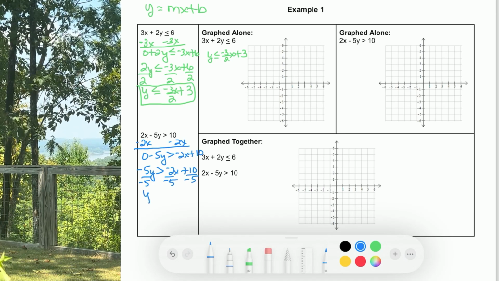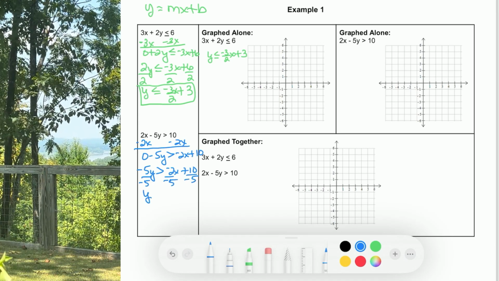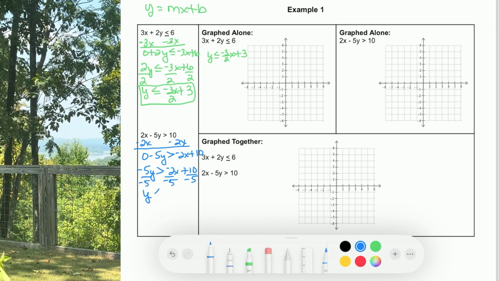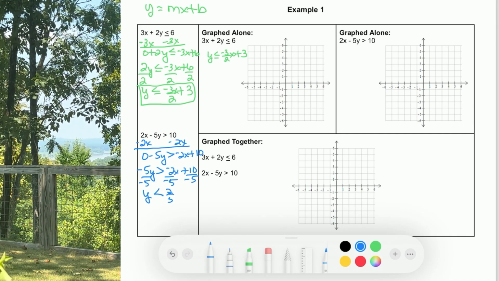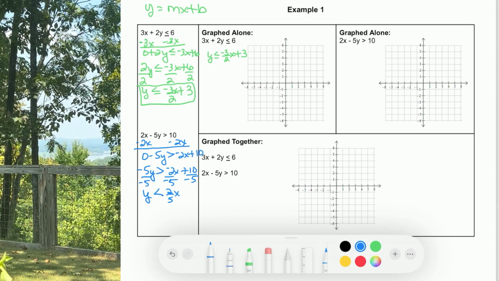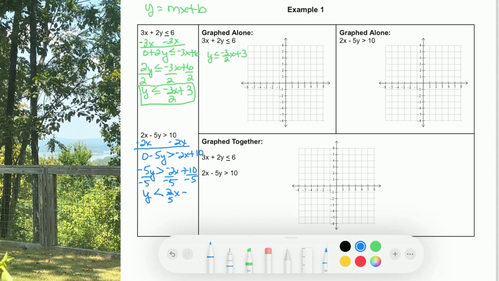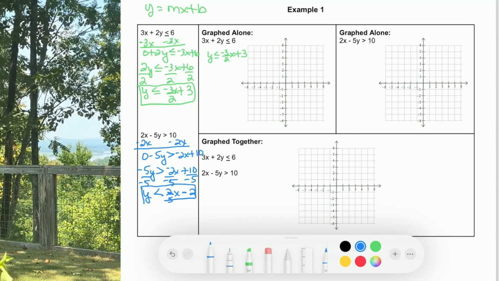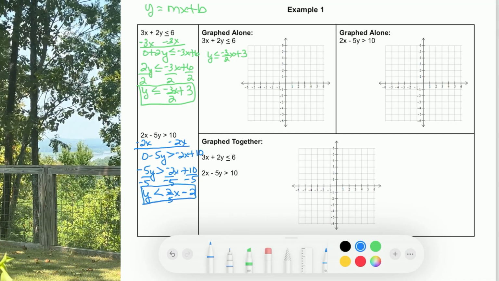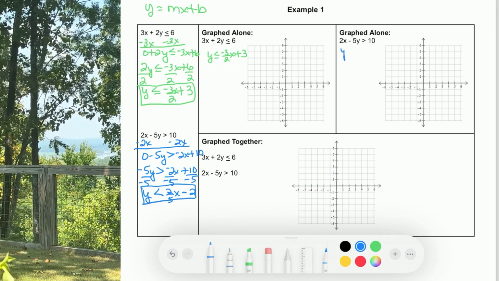Don't forget that when we divide or multiply by a negative number, we have to flip our inequality. So I'm going to flip that from greater than to less than. I end up with 2/5 x. 10 divided by a negative 5 becomes a minus 2. And now we have this for this particular equation here. So I'm going to write that.